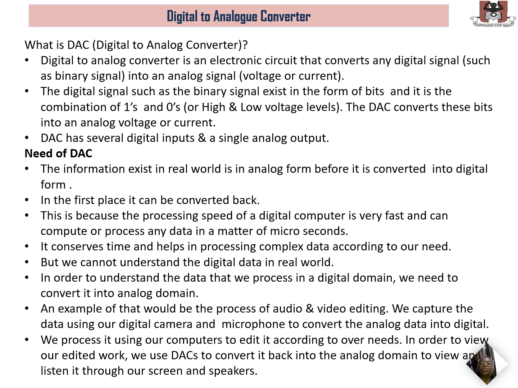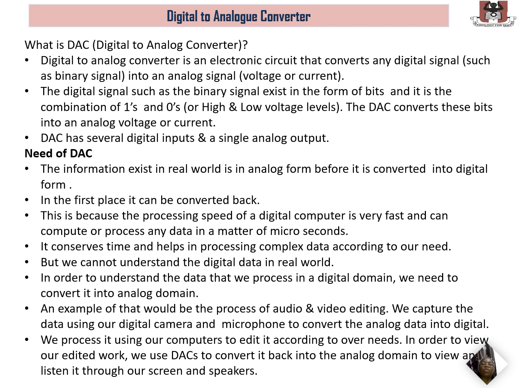The digital signals are known as binary digits, and they are made up of high and low voltage levels. So the work of the DAC is to convert these digital signals into analog signals. They have digital inputs and a single analog output.